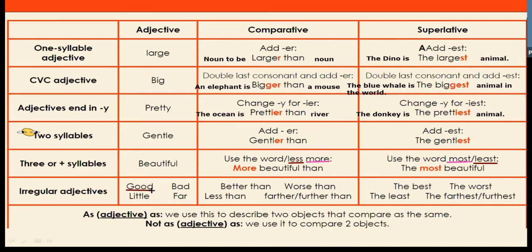For example, good. The comparative form of good is better, and the superlative is the best. The comparative form of bad is worse, and the superlative is the worst.